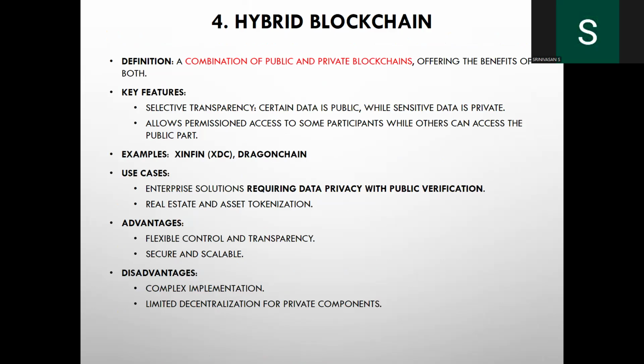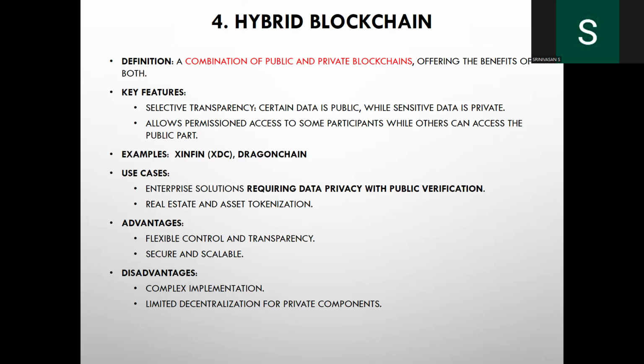The last type of blockchain is hybrid blockchains. It combines the good features of public as well as private blockchains. Here we can assure selective transparency, and it allows access to a few participants while restricting some others.